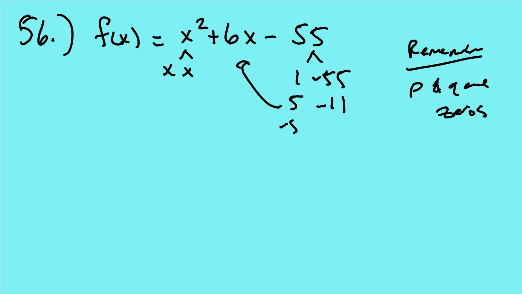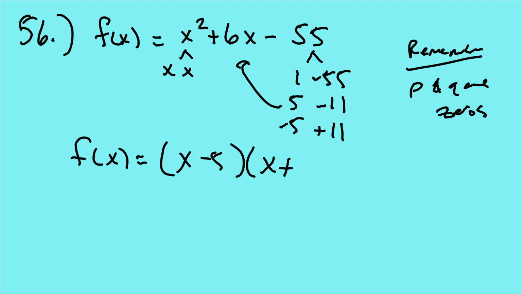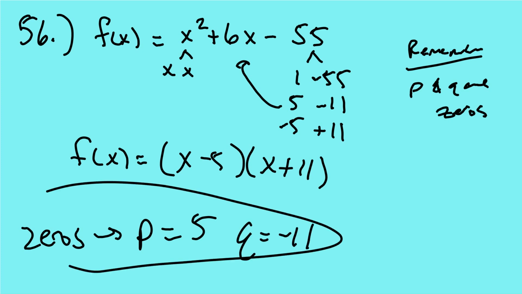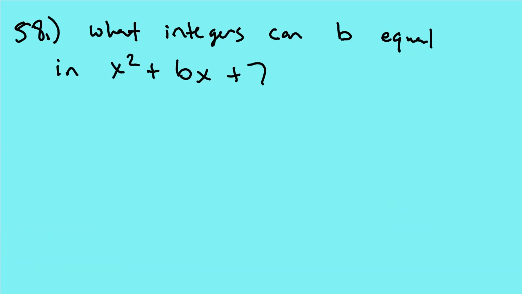So I'm going to make negative 5 and positive 11 to get positive 6. So I say f of x equals x minus 5, x plus 11. So my P and my Q are my zeros. P is positive 5, Q is negative 11. And that's it for 56. And I believe that's answer B, by the way.